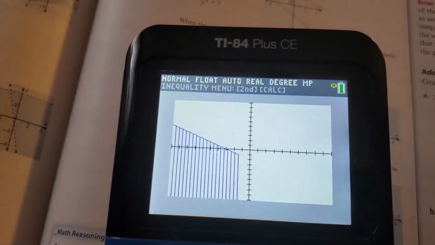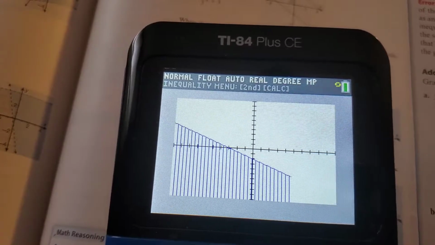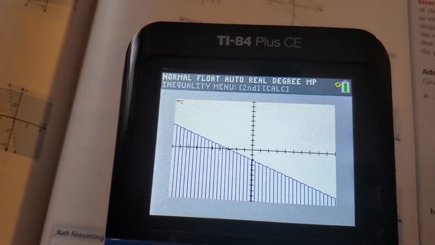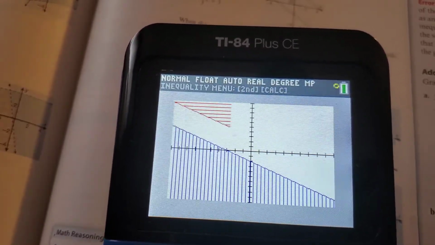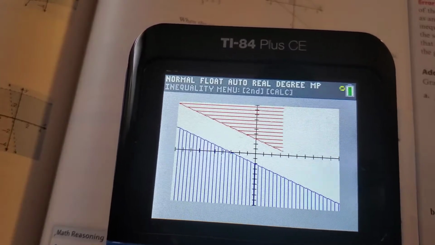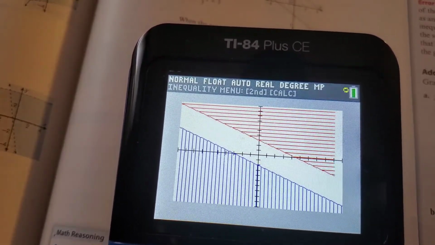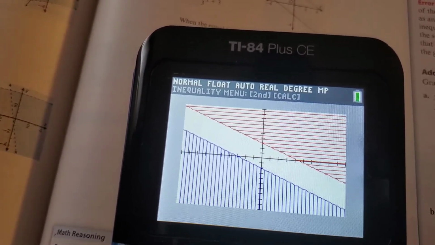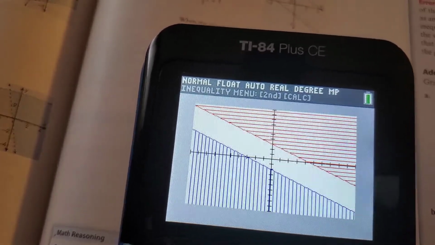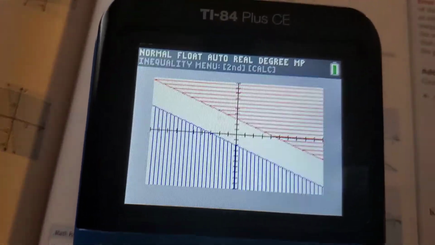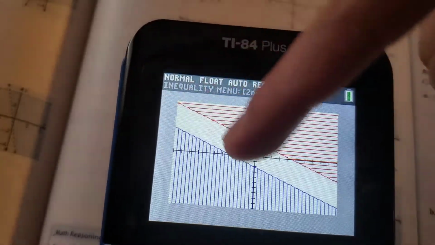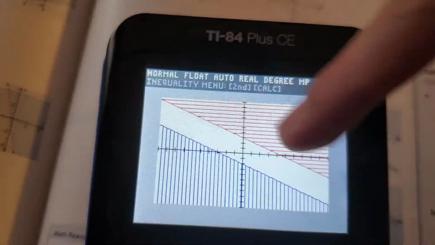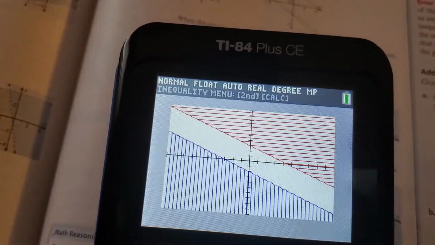Okay, so this is the first one, the less than, and this is the second one, the greater than. Is there an answer? Well, technically there's no answer because they don't have any overlapping. There's a white part and there's no overlapping, so it has no answer.